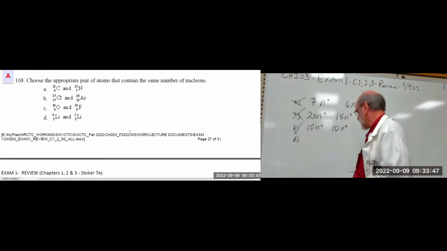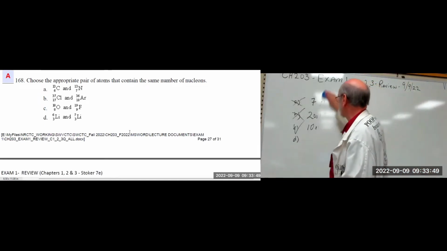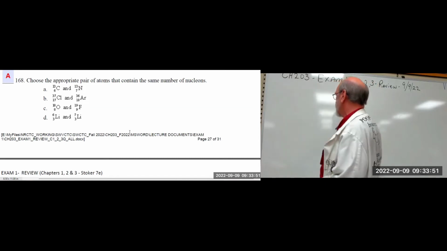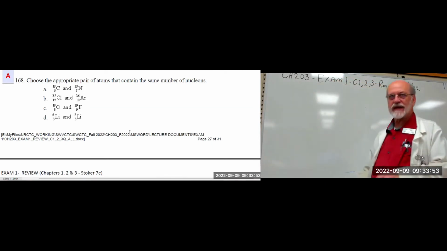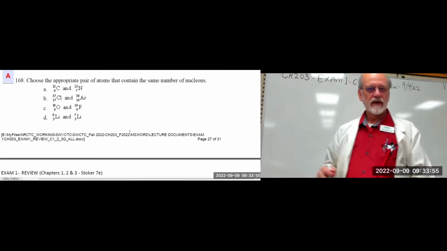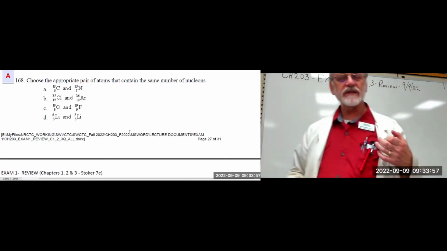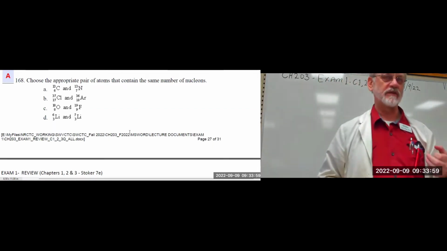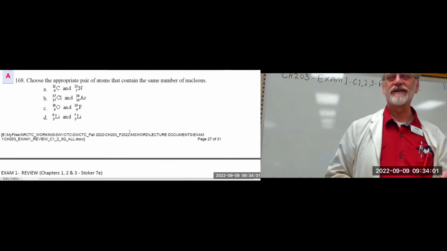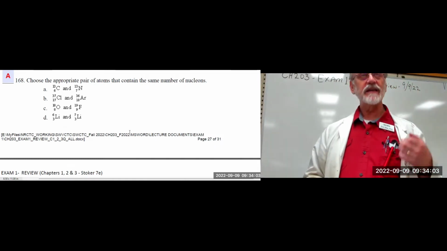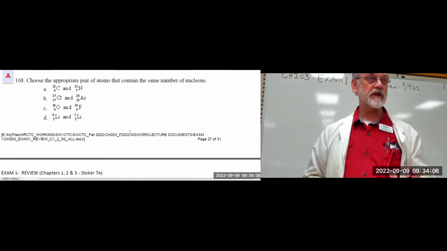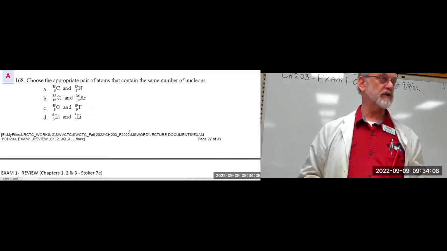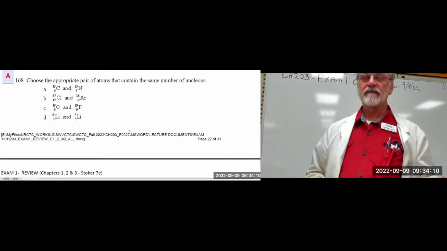All right, let's do 168 because it uses a word that we haven't used in class yet. Maybe your textbook has it, but I never used it in class. Choose the pair of atoms that contain the same number of nucleons. So what's a nucleon? It's any particle that resides in the nucleus. So it could be a proton, it could be a neutron. Right?